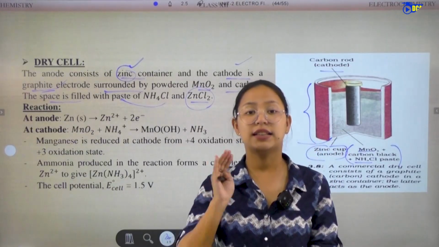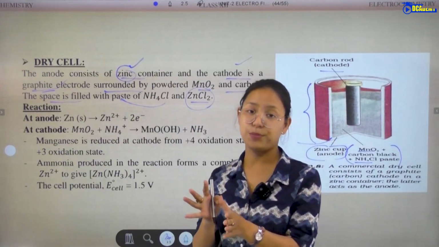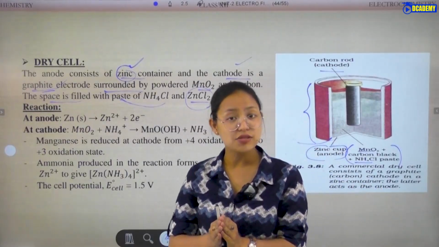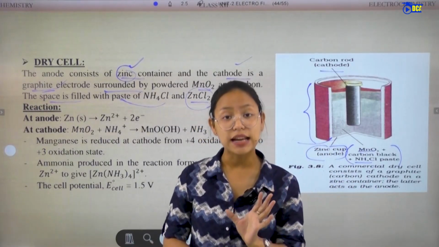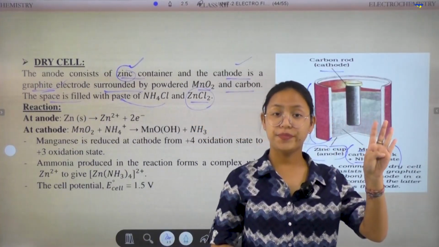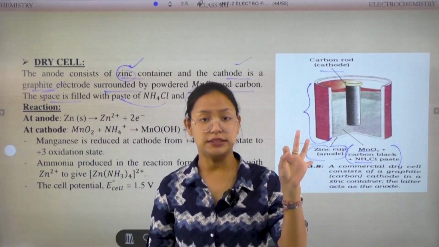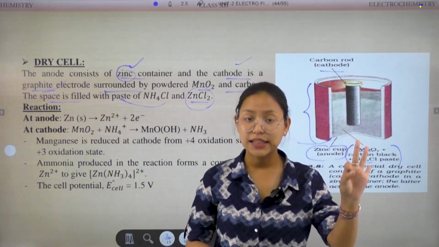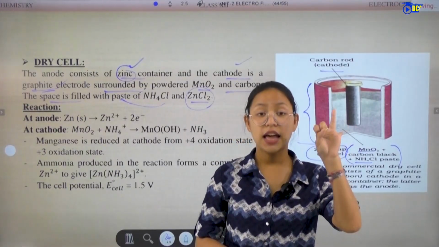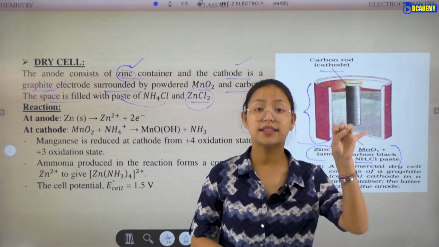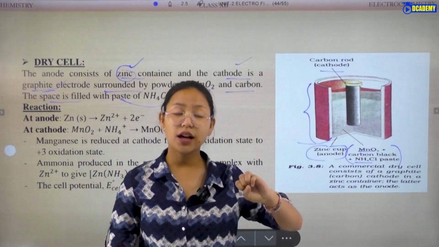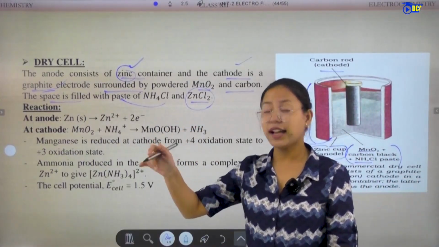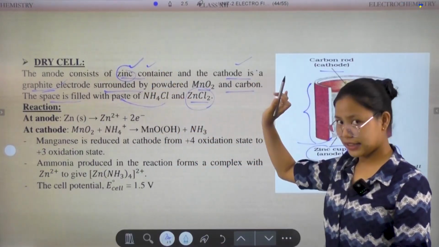We have to know that there may be 6 components in the dry cell: the zinc anode, the carbon graphite cathode, and a paste of manganese oxide, ammonium chloride and carbon black along with zinc chloride. Now let's see the reaction.